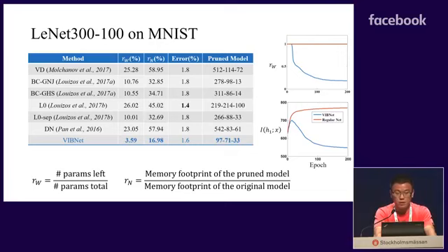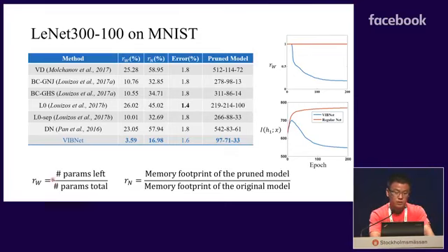We first test our model on a fully connected network on MNIST. We regard the input as a 784-dimensional vector, and there are 2 hidden layers with 300 dimensions and 100 dimensions respectively. We use 3 metrics.